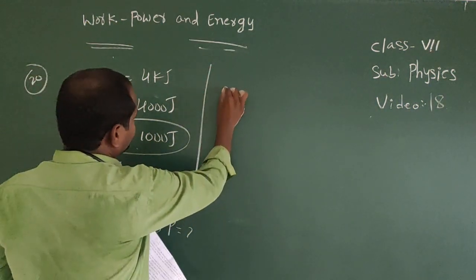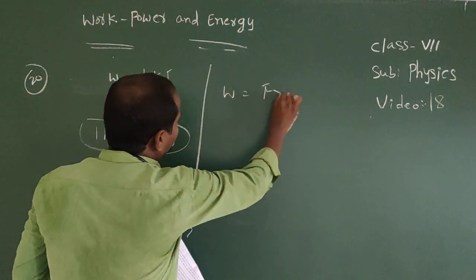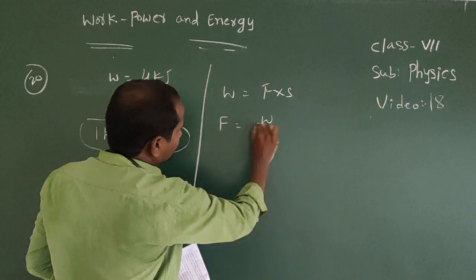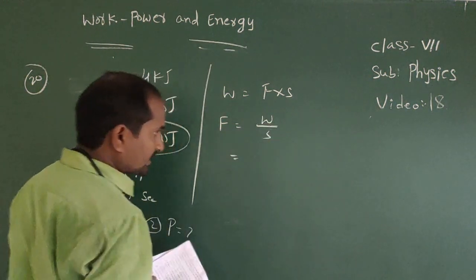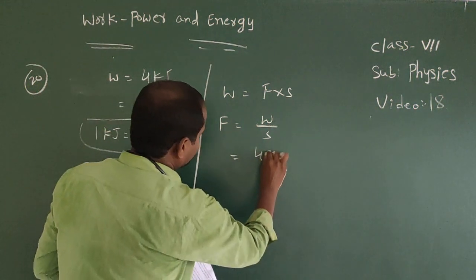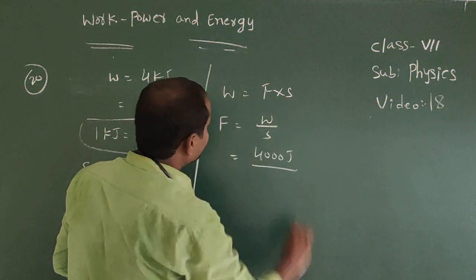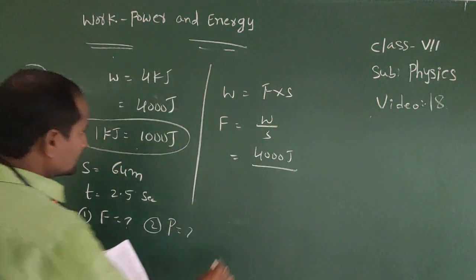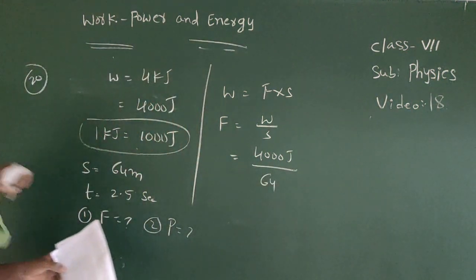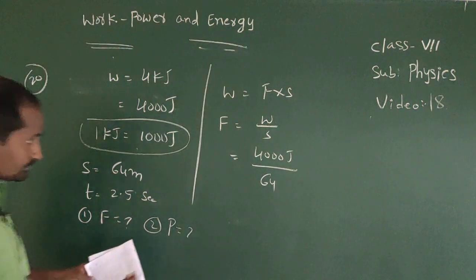So work done equal to F into S. Force equal to work done by S. Work done equal to 4000 joules by displacement 64 meters.